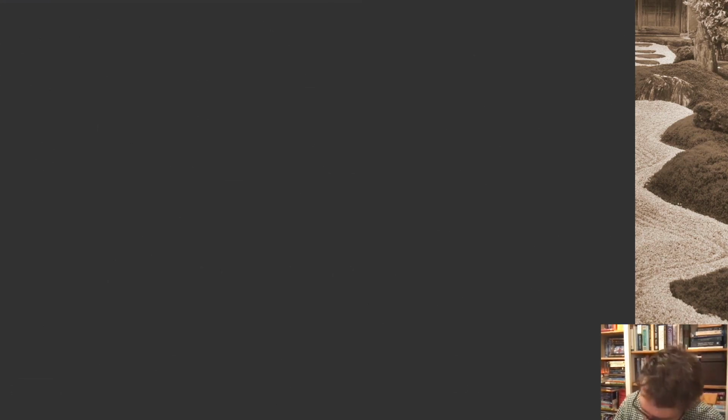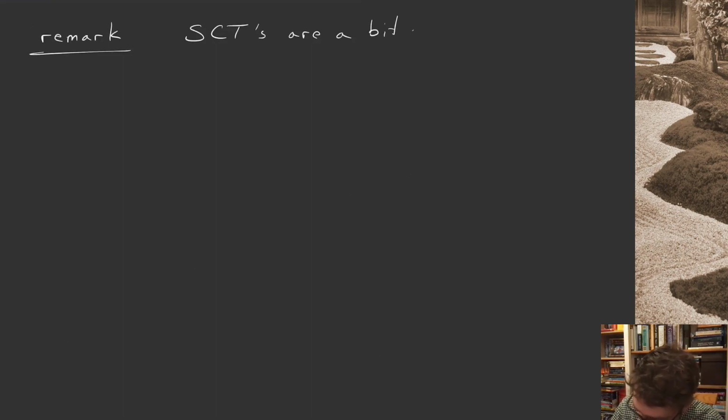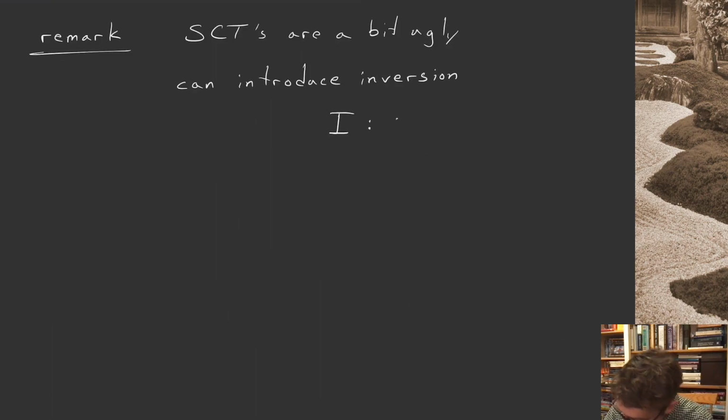I'd like to make a remark that these special conformal transformations are a bit ugly, as you just saw. And there's a way to make it a little bit nicer, to clean up the notation. You can introduce a new element, a discrete element, which is called inversion. It sends x mu to x prime mu, which is x mu over x squared, and I squared just squares to the identity.